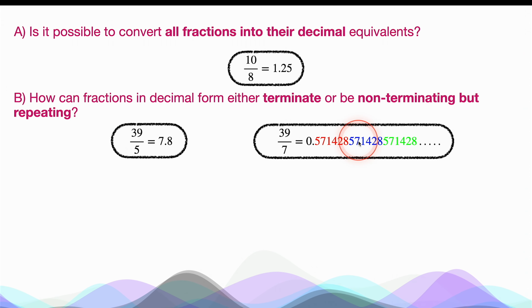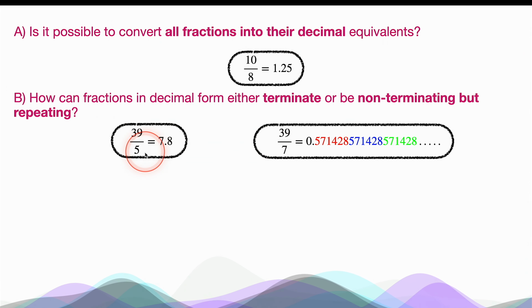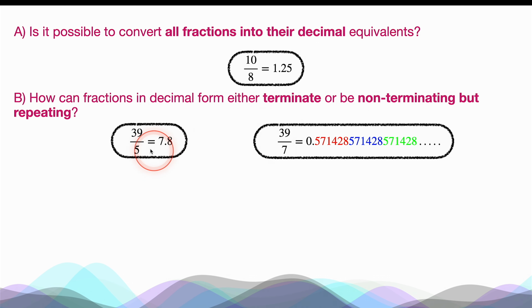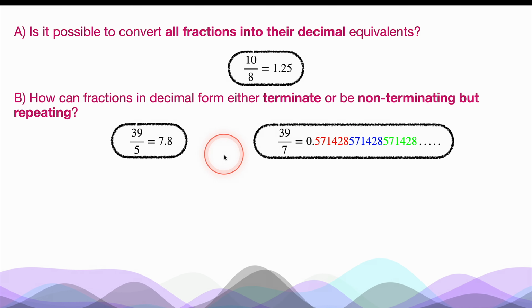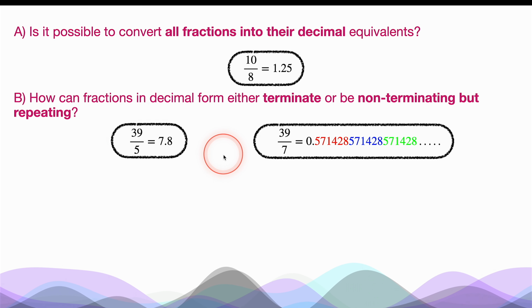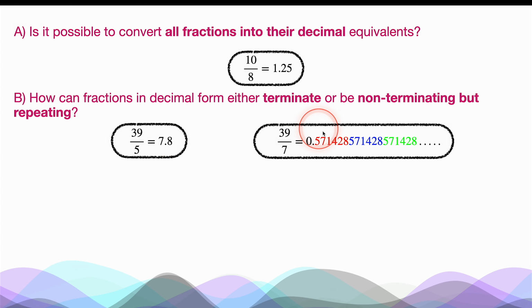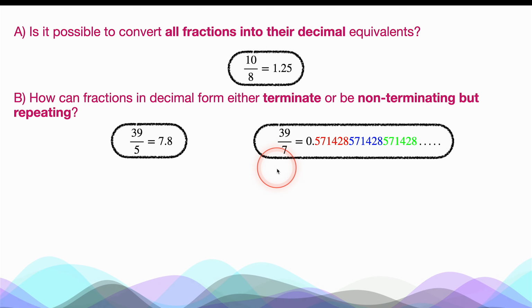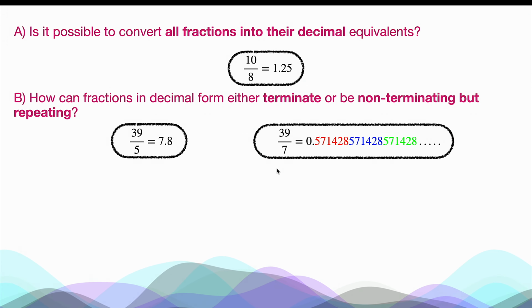How can fractions like 39 by 5 or 39 by 7 end up in a decimal form like 7.8 or 0.57 and so on? What is the underlying reason? Is there a way that we can predict it or estimate it? That's the second question.